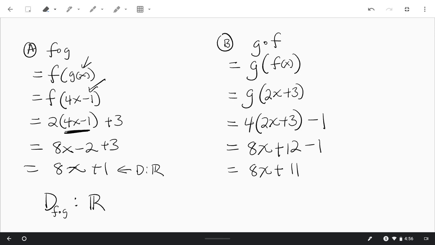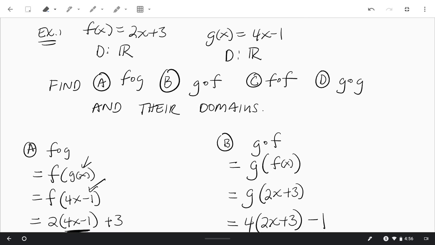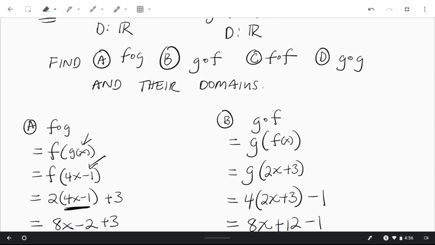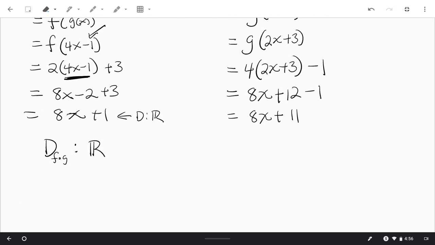I'm looking at a different problem. Let me just look at my functions. I plugged in f into g, 4 times (2x plus 3) minus 1. Okay, good, so this is all correct.